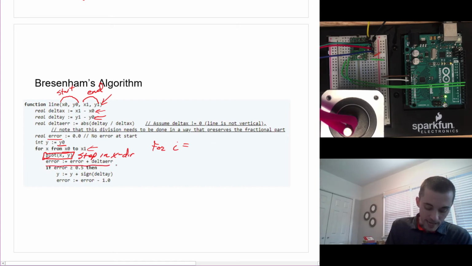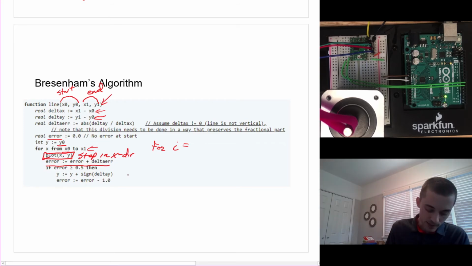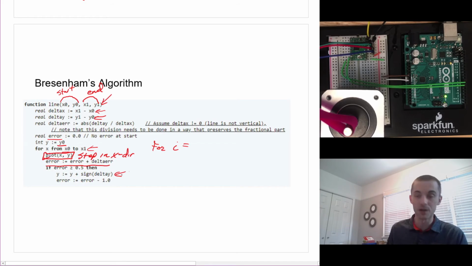And then we add that delta error onto it, because we might have a diagonal line where we want to move eventually in the y-axis as well. You keep stepping in the x direction until you have accumulated enough error that it goes into that if statement and says we want to also change the y position.